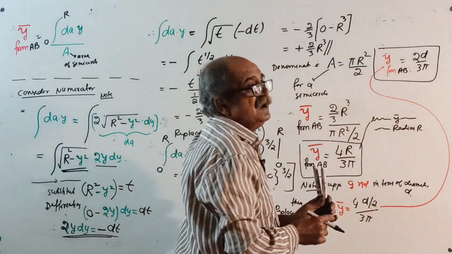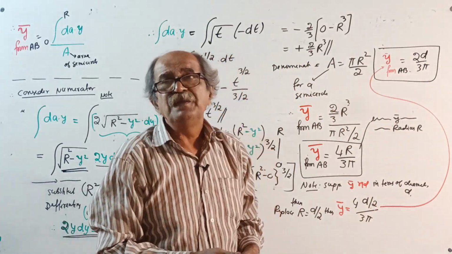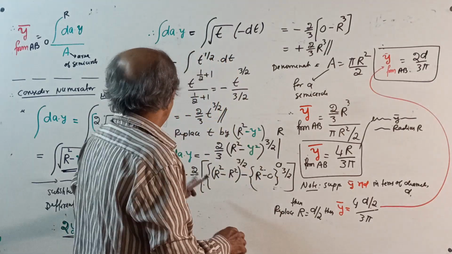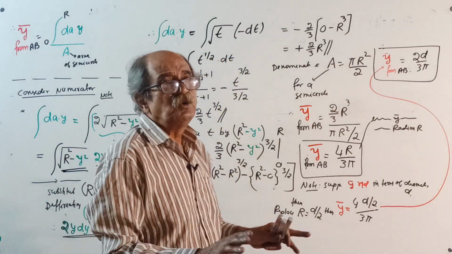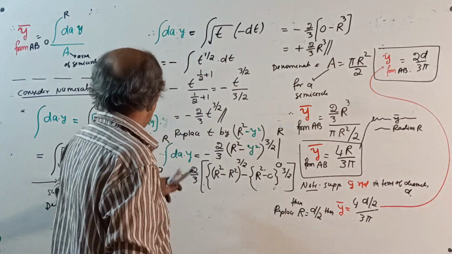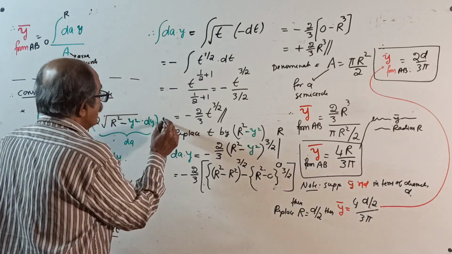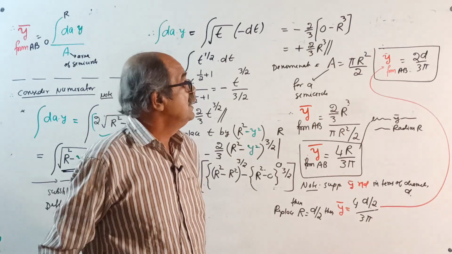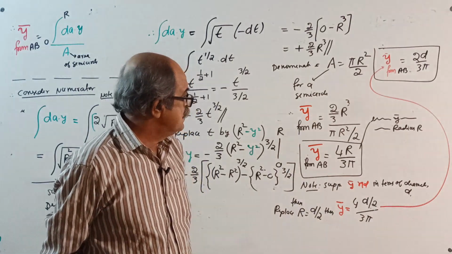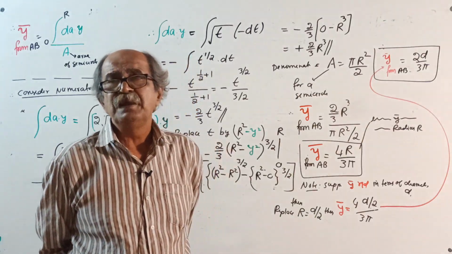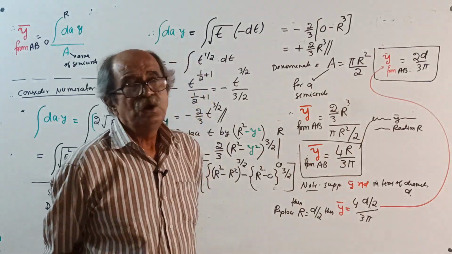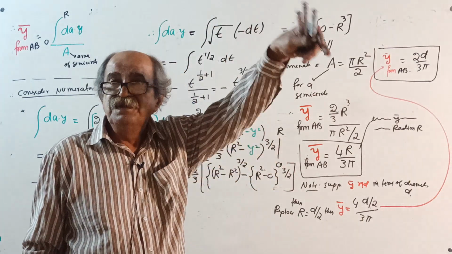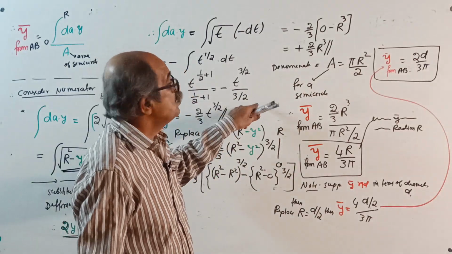So remember, in terms of radius 4r by 3 pi, in terms of diameter 2d by 3 pi is the result we got for semicircle. We have gone for approach 1. Now, next class I will go to approach 2, not today.